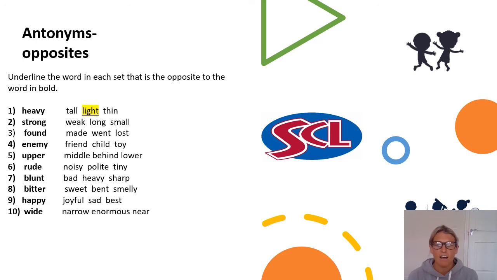Okay, next task then, what I want you to have a go at is to underline the word which means the opposite to the word in bold by the number. So I've done the first one for you. Heavy. What is the opposite word? We had tall, light and thin. So the opposite word would be light.